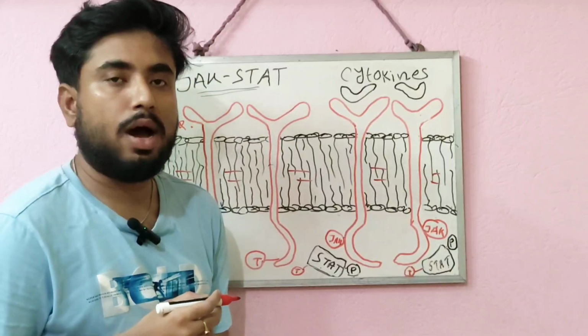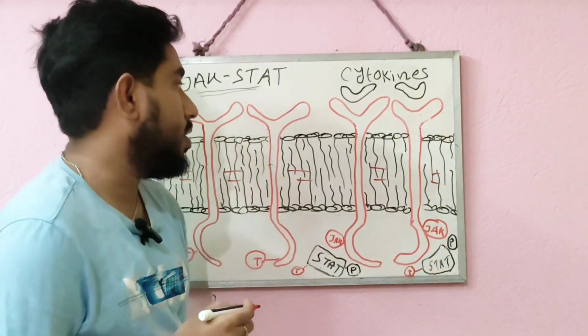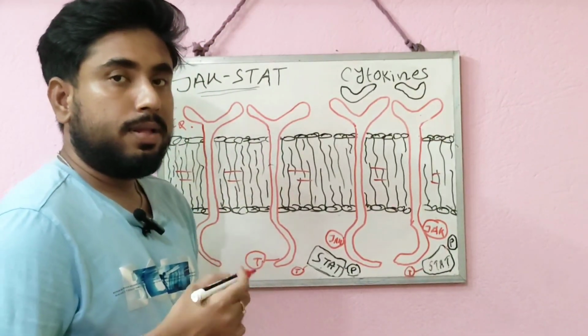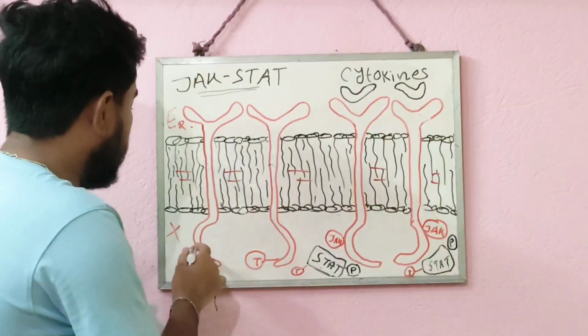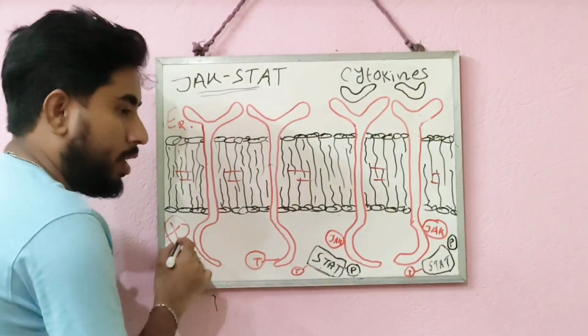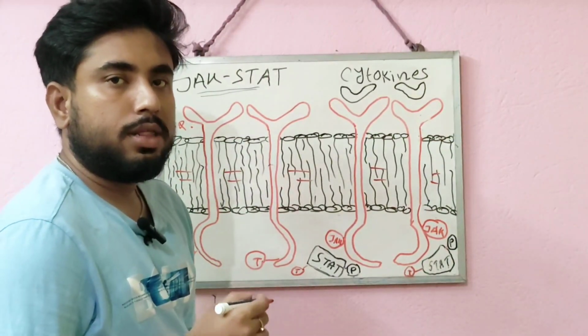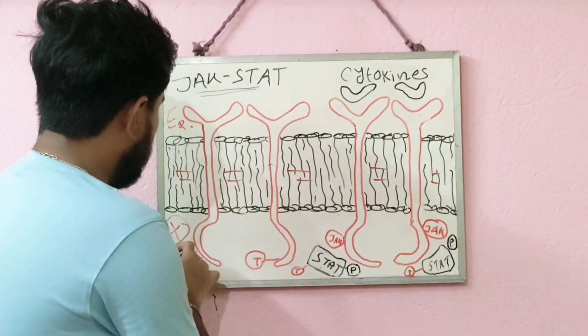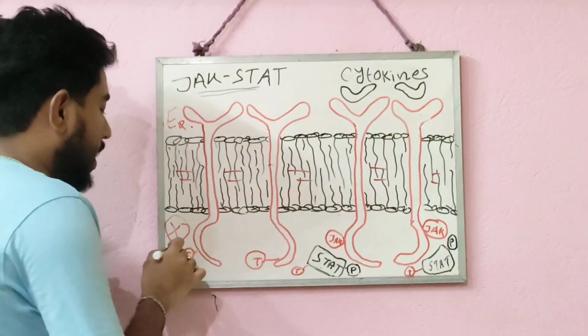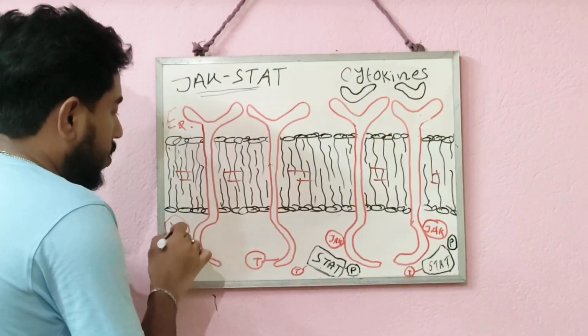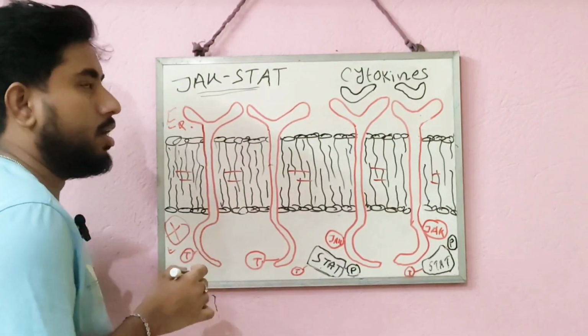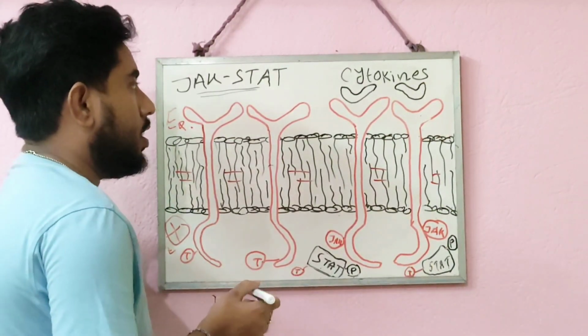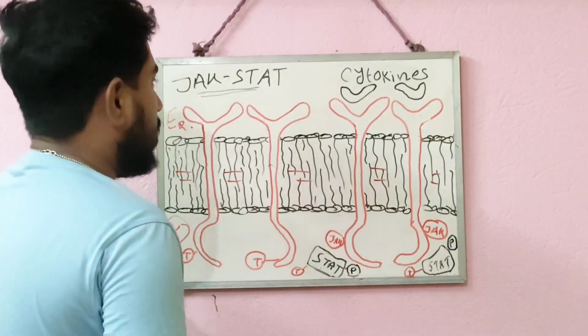So another name for the enzyme linked receptor is catalytic receptor. But here in Jak-Stat there is no such domain where an intrinsic catalytic pathway takes place. So there is no catalytic internal or intrinsic domain. That's why Jak-Stat is different from the ion channel and enzyme linked receptor.